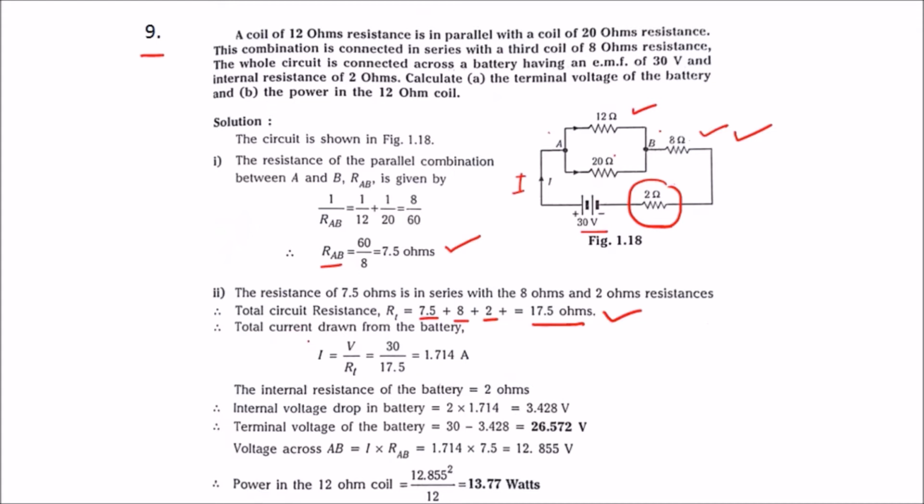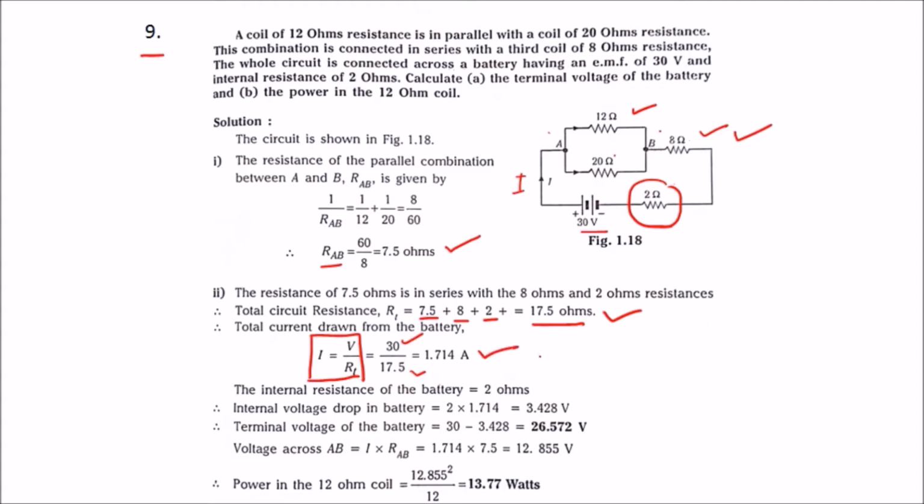We know the current, voltage and resistance relation, that is I is equal to V by RT, the equivalent resistance. The supply voltage is 30 and the equivalent resistance is 17.5. Therefore the supply current, or circuit current, is 1.714 amps.